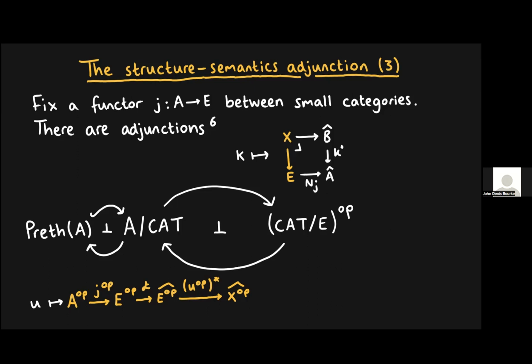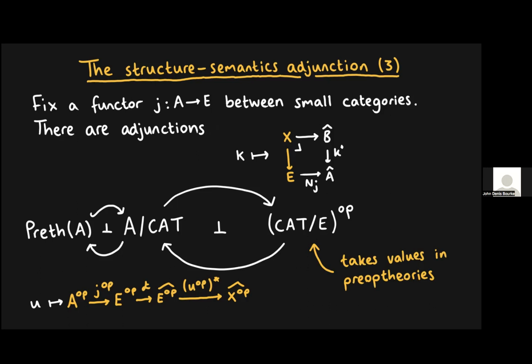Okay, so now we have an adjunction between pre-theories on A and the opposite of the category of slices over E. And the new observation is that when we look at the left adjoints, the image of the left adjoint takes values in pre-op theories.